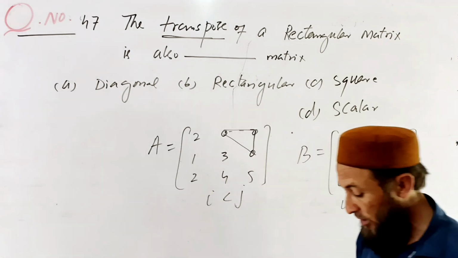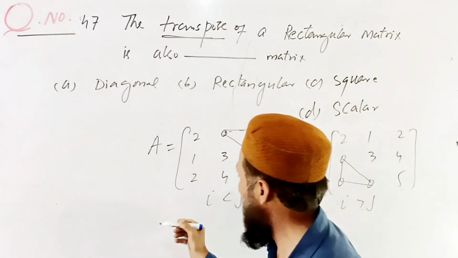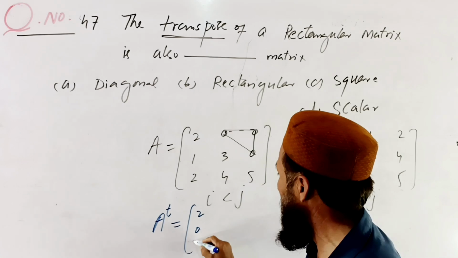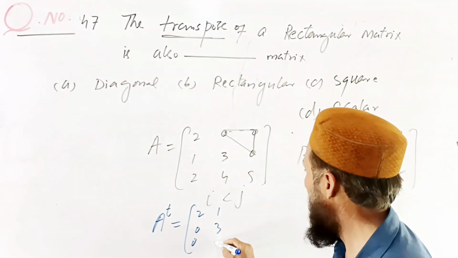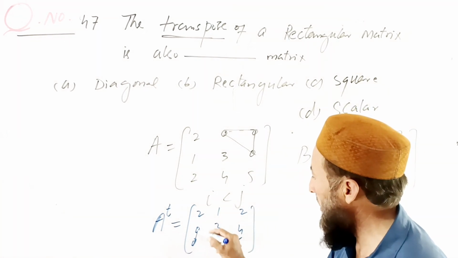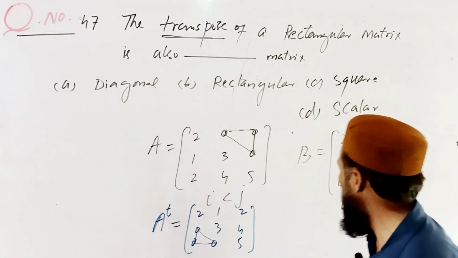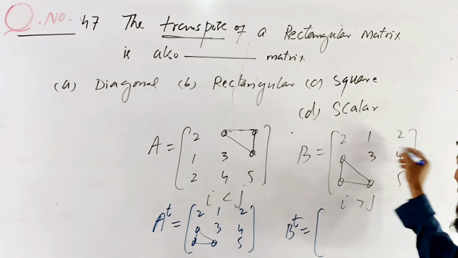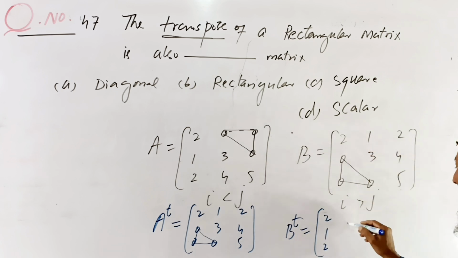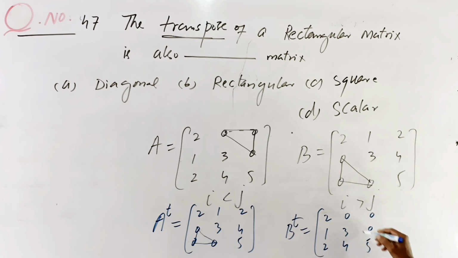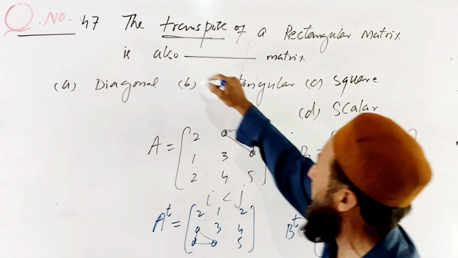If we take the transpose of this one, rows change into columns. Similarly for the other, rows change into columns, so we get 2, 1, 2, and 0, 3, 4, and 0, 0, 5. We get the same kind of result if we take the transpose, so it is also a triangular matrix.